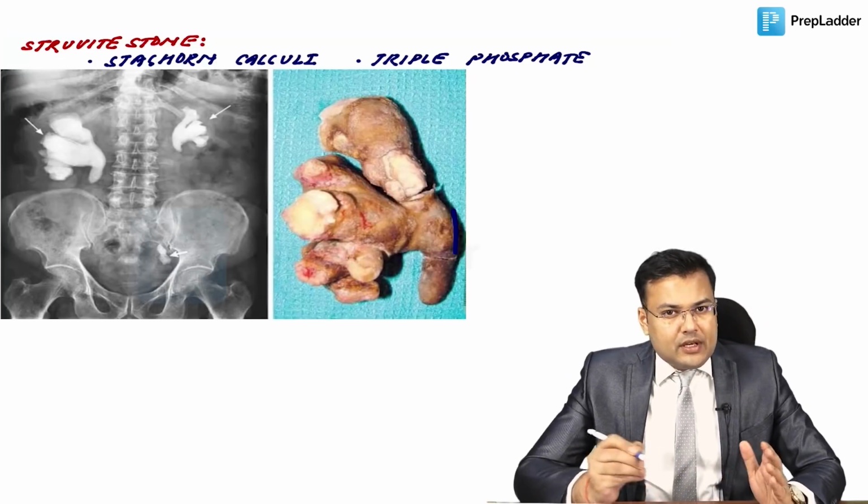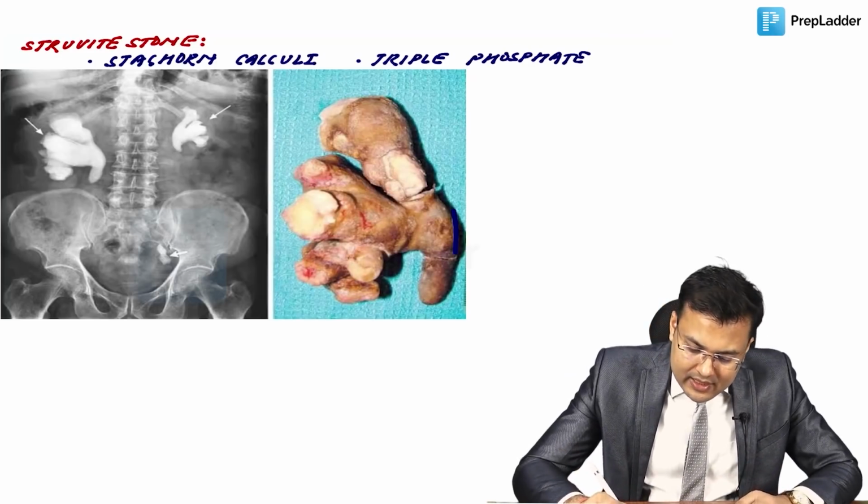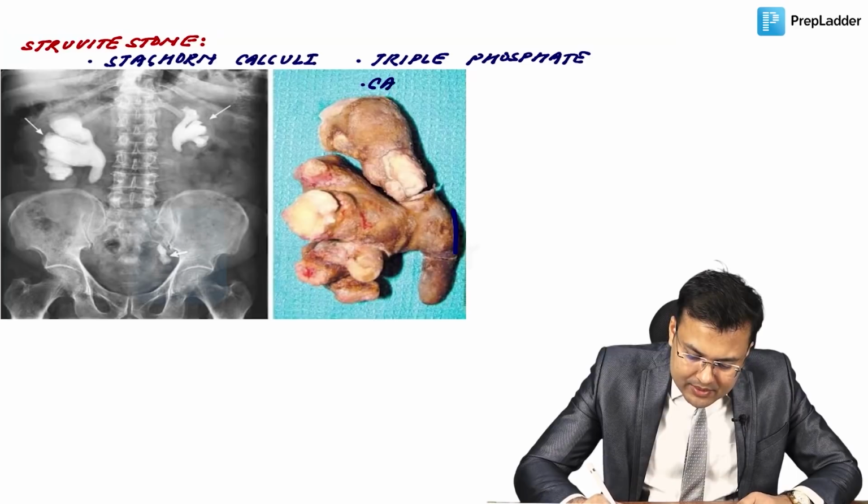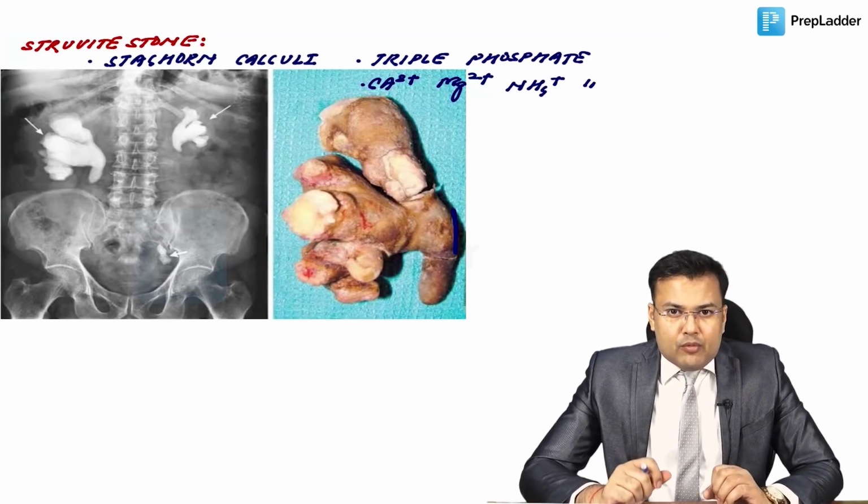Clear? And what is the composition of triple phosphate? Calcium, magnesium, ammonium phosphate.